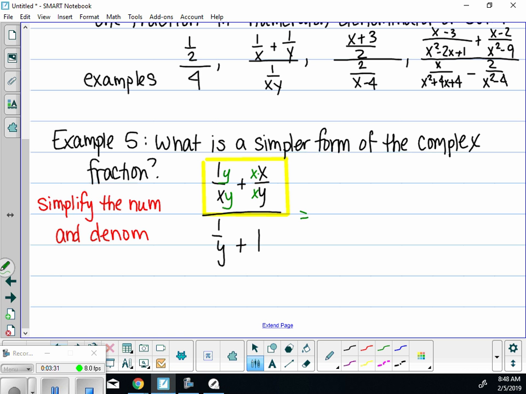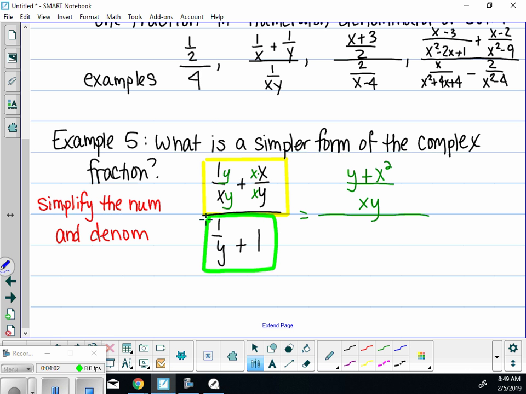So I have y plus x times x is x squared over xy. Now we will deal with the bottom. So we have 1 over y plus 1.